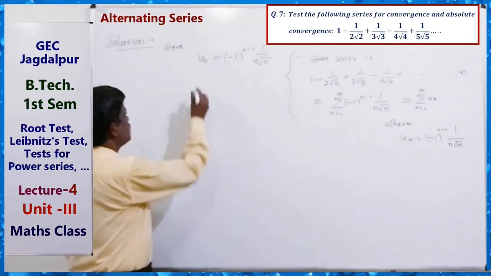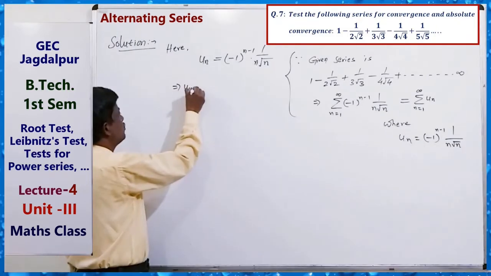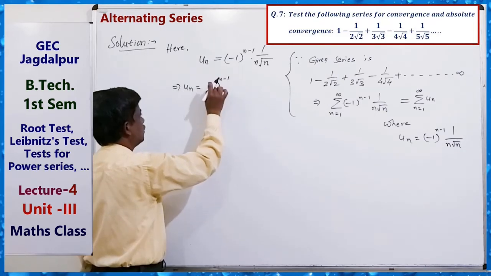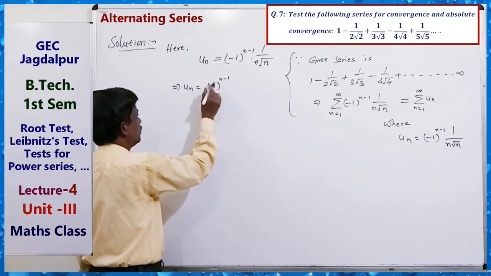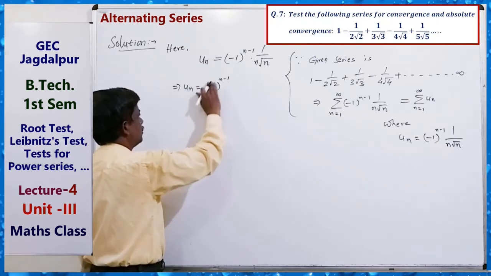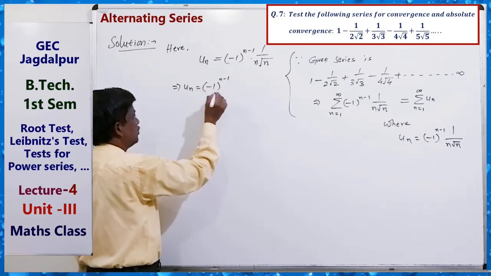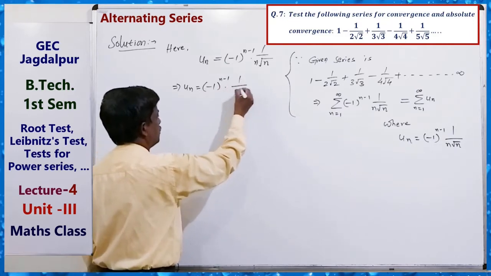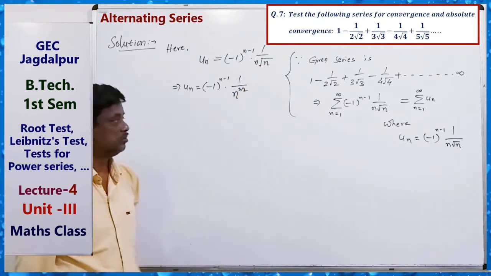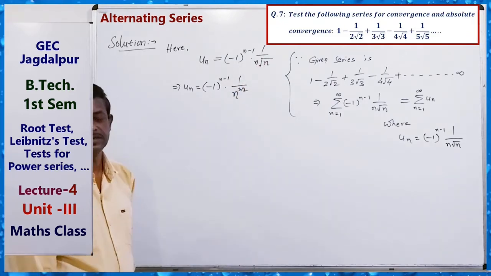It can be written as un equals (-1)^(n-1) times 1 upon n to the power 3 by 2, because n to the power 1 and n to the power 1 by 2 gives 3 by 2.